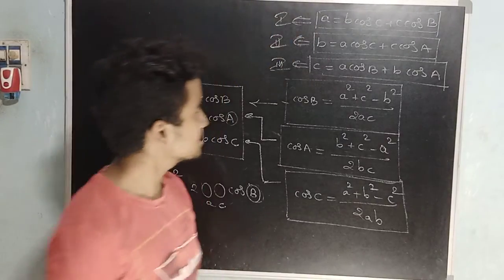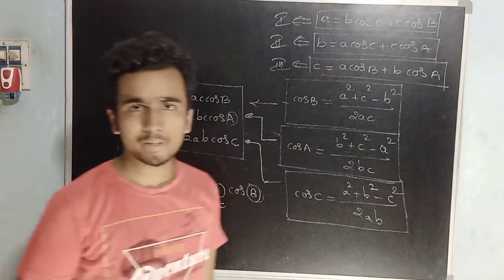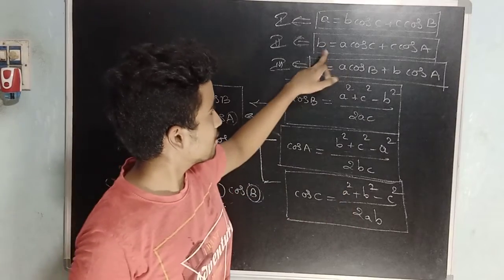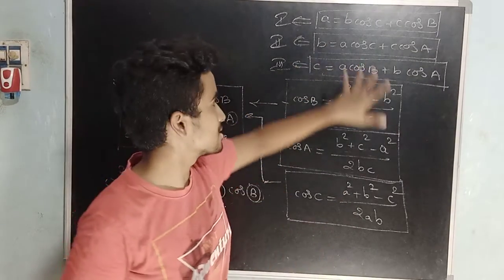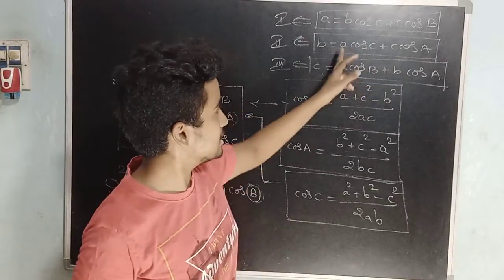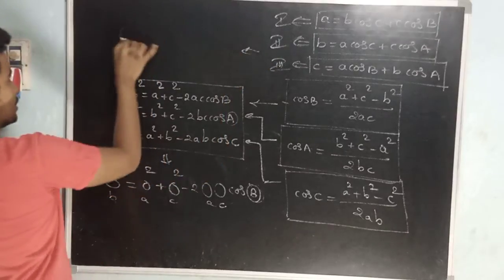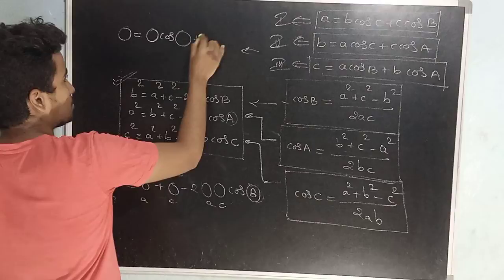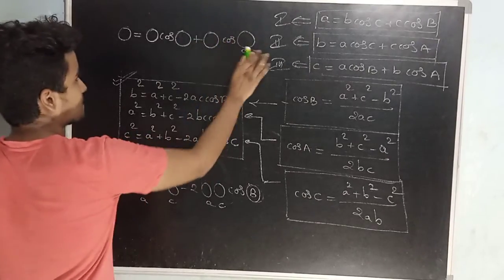Similarly, these three principles also. When we consider side a, b cos c plus c cos b. B is equal to a cos c plus c cos b. When we take b, we should forget about b. Writing RHS, we need to take a and c. A cos c plus c cos b. Let me write its structure also. Any variable is equal to any variable into cos plus any variable into cos.